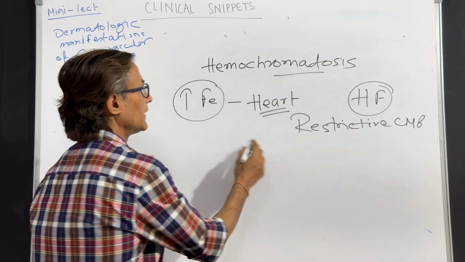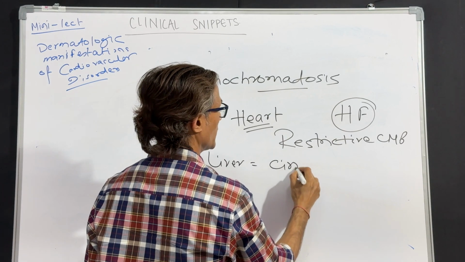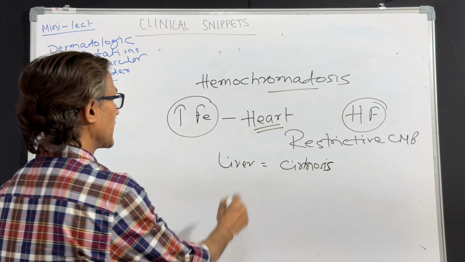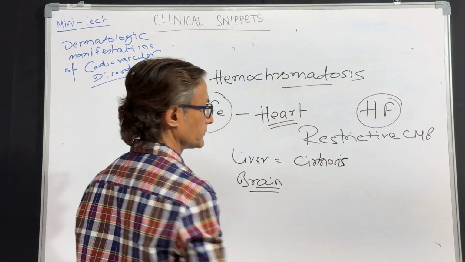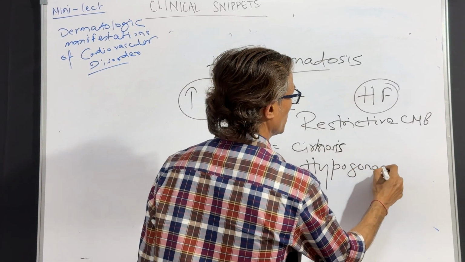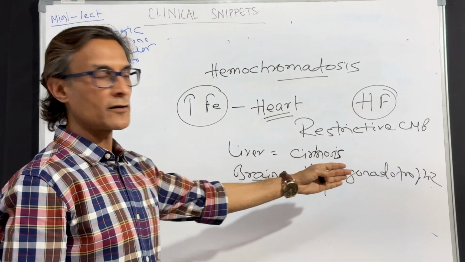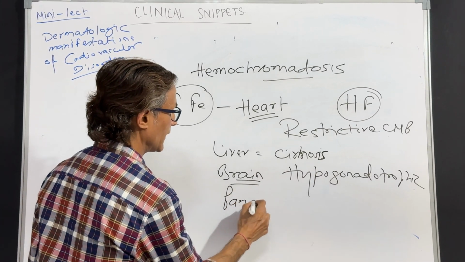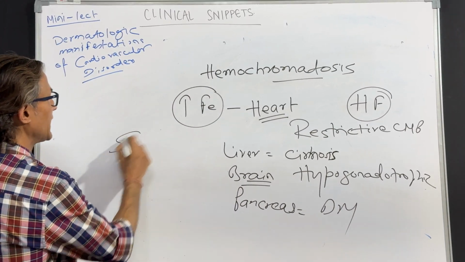Along with it, iron gets deposited in the liver, causing cirrhosis of the liver. Iron deposited in the brain causes hypogonadotrophic hypogonadism. Iron in the pancreas causes diabetes mellitus, and it also deposits in the skin.